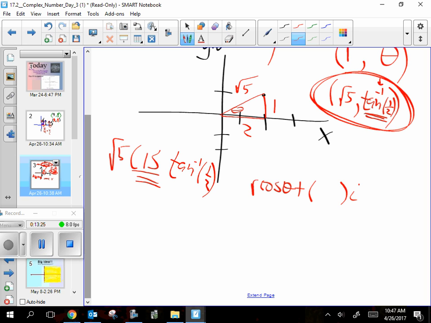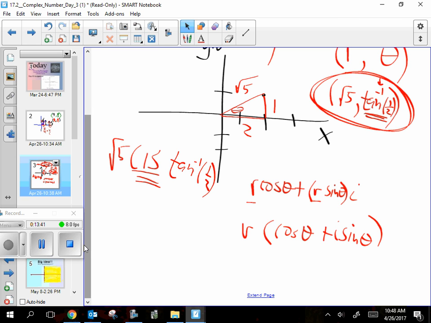So here's the y part: r sine theta. And if you can factor it, you should. r comes out: cosine theta plus sine theta. And where does my i go? Put it right there. And there's where CIS comes from. Cosine i sine.